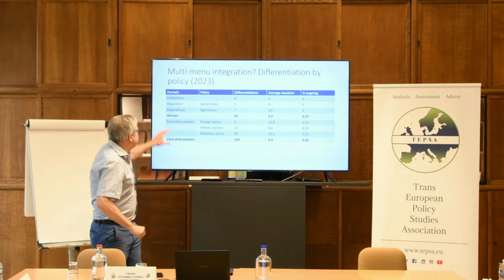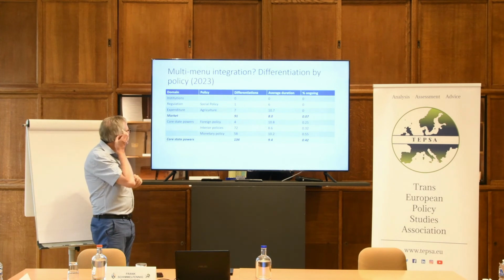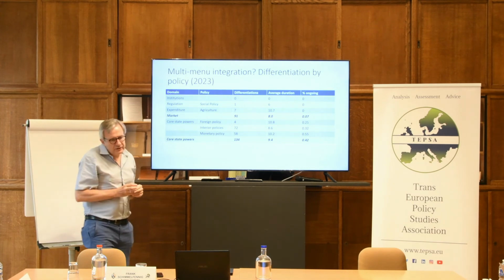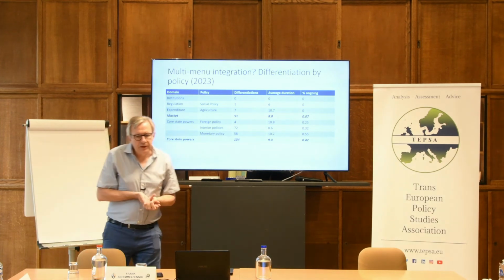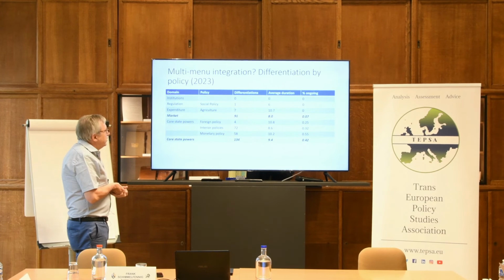This is not happening. So zero differentiations when it comes to institutions, and we see it's really driven by a few policies. And here we again also see the two different logics.